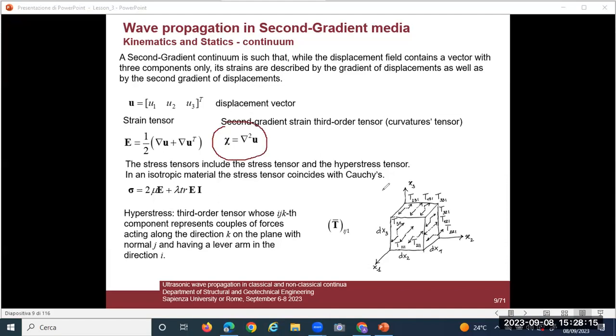The stresses are of 2 kinds. One is the usual Cauchy stress tensor, whose constitutive constants can also be different.